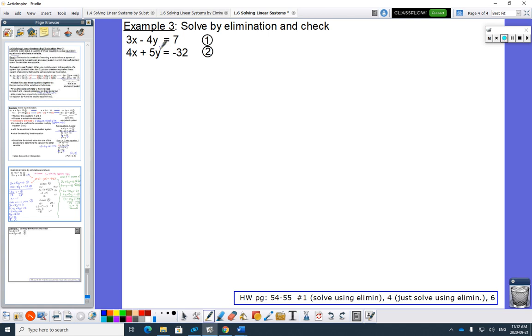So I'm going to do y. So the first equation, you multiply by 5, and then the second one by 4.